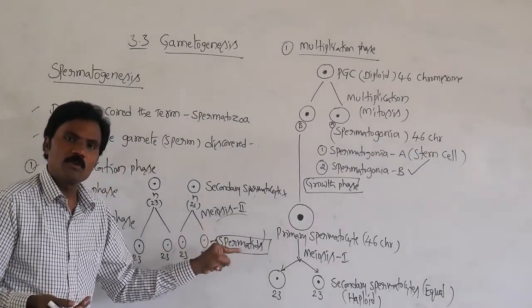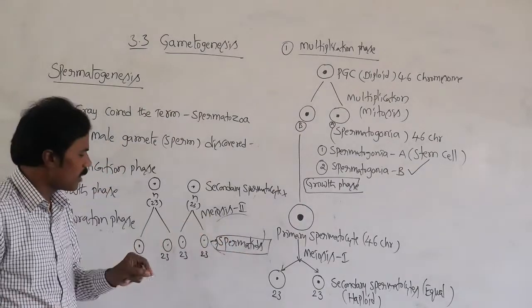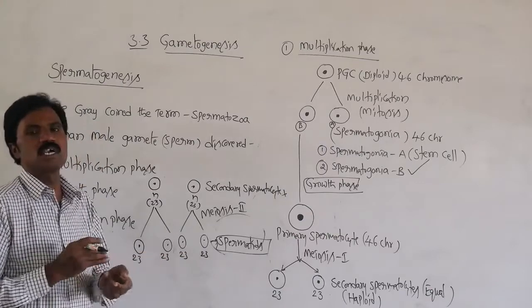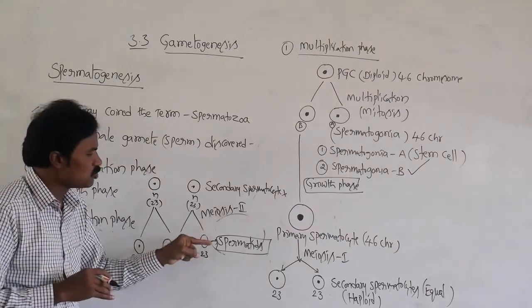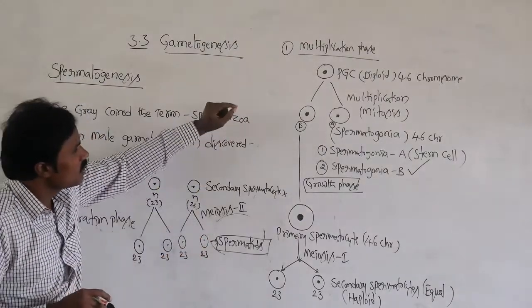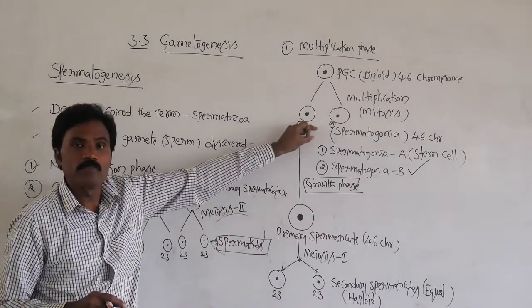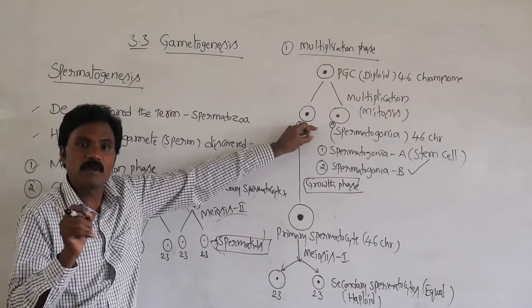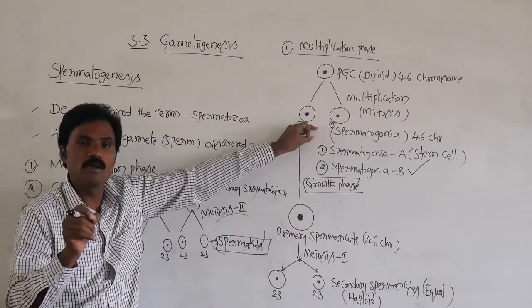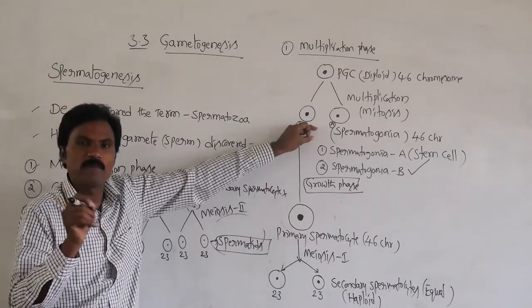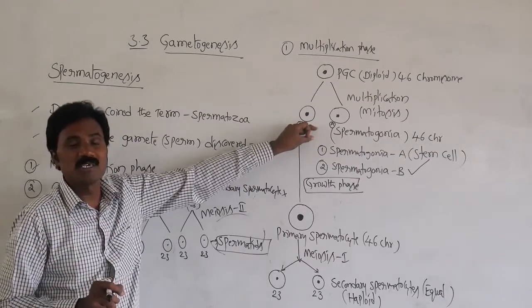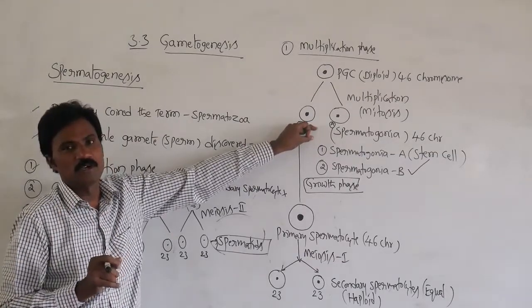What is the number of chromosomes in each spermatid? It is 23 each. It is the immature one. Formation of spermatids from spermatogonia is called spermatogenesis.